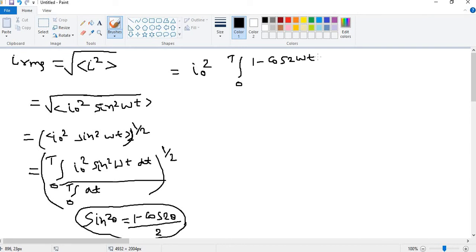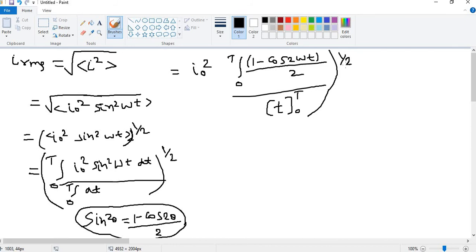In the denominator we have 2 also, so by 2. In the denominator we have integration of dt. What is the integration of dt? It is t, with limits from 0 to T, and the whole is to the power of 1 by 2.